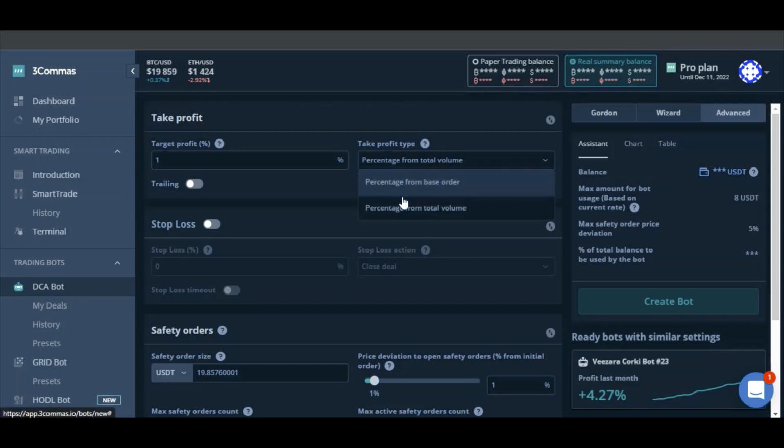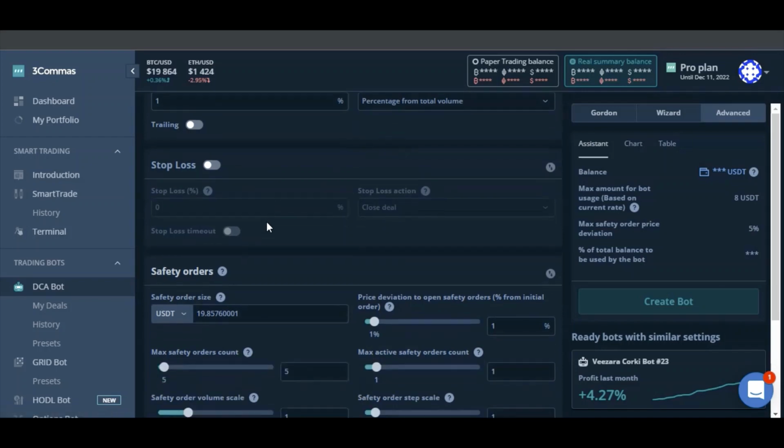type I would put total volume, and stop loss, definitely I'm going to put this stop loss activated. But before that, we have so many calculations to do, because this is not going to be a normal futures bot. This is a dollar cost average bot. That means that bot is going to buy if the market goes down, if the market moves against me.